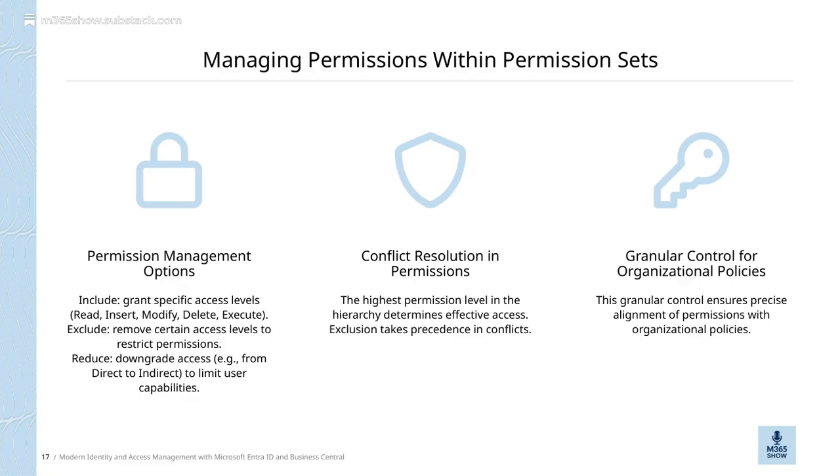All of these options come together within permission sets, which help us manage permissions more efficiently. By carefully configuring these sets, we ensure that users have exactly the right level of access, nothing more, nothing less, thus maintaining security and compliance across our organization.